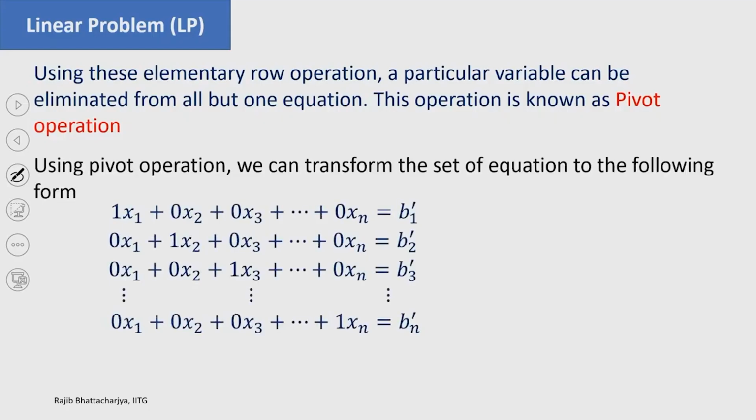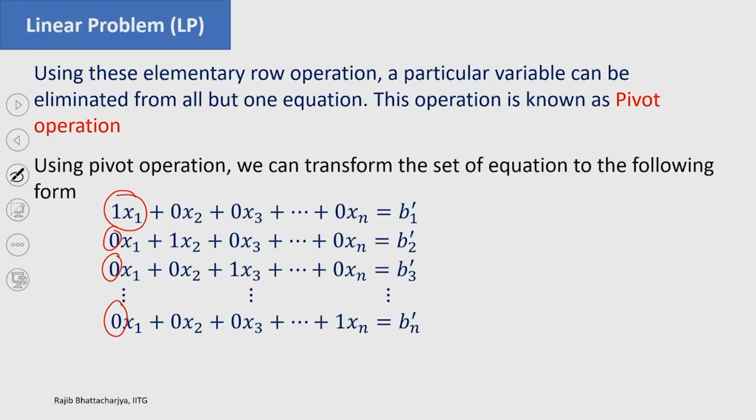So the idea is that, in this particular case, I am eliminating the x1 variable from the other equations. You can see here it is 0, here it is 0, here it is 0. My objective is to eliminate the x1 variable from the other equations, keeping it only in the first equation.